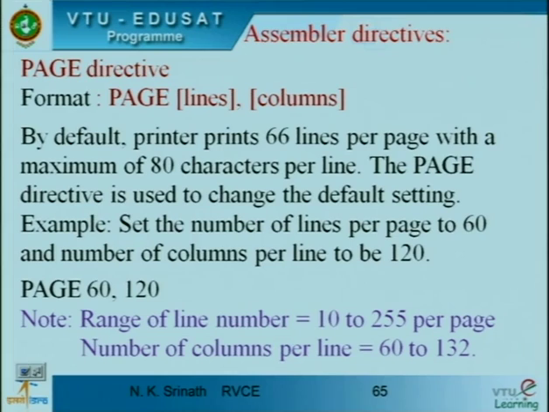So, there is a range which you need to explicitly know when you are giving a page directive. The range of the line number is 10 to 255 per page, and the number of columns can be 60 to 132. You cannot use values outside this; the range is fixed by the assembler and you cannot exceed it.